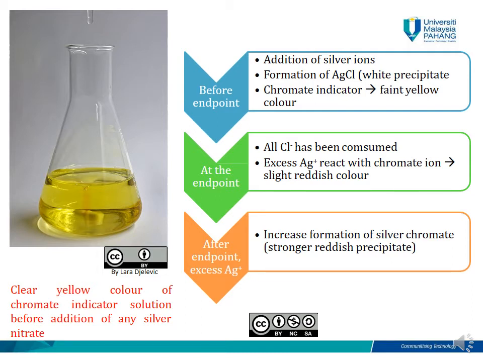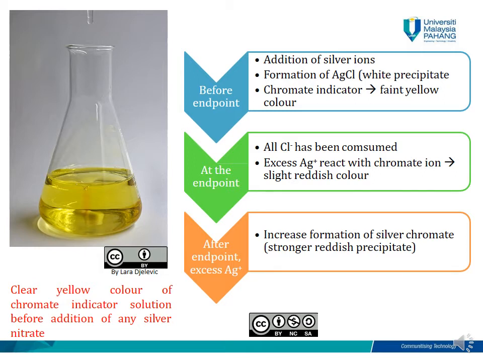Basically, silver chloride has been formed before the slight reddish color is observed. And after the endpoint, when you have a lot of excess silver nitrate, you will get a stronger reddish precipitate. It will become more red in your sample solution.